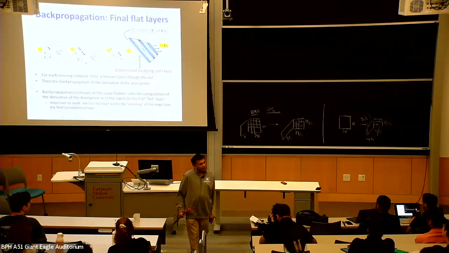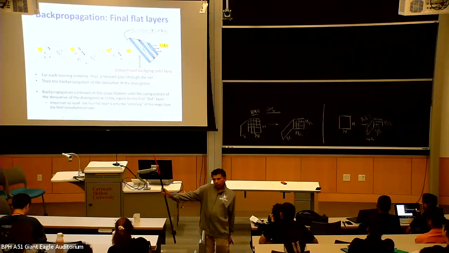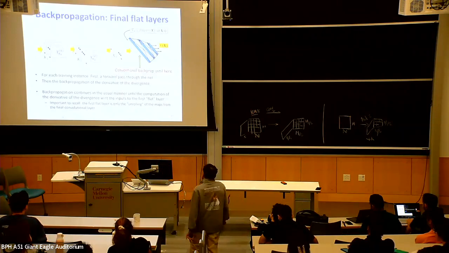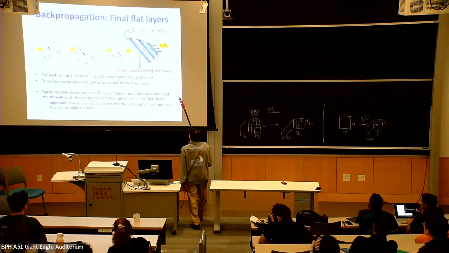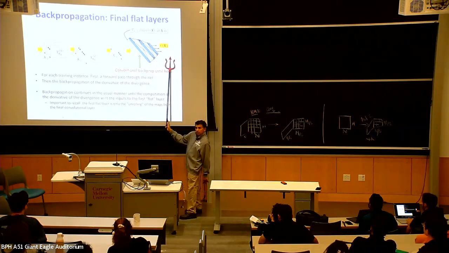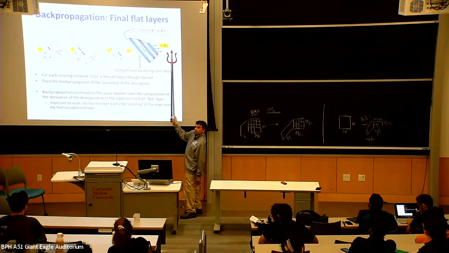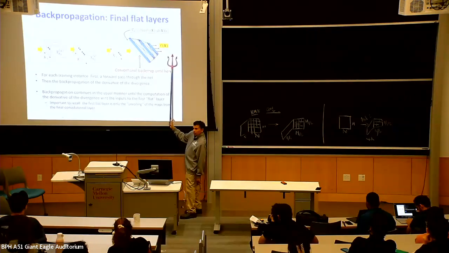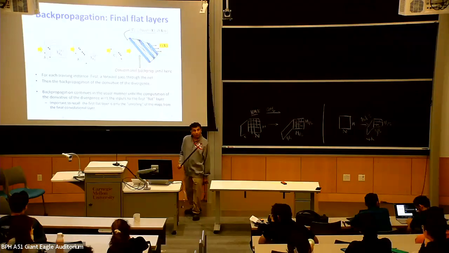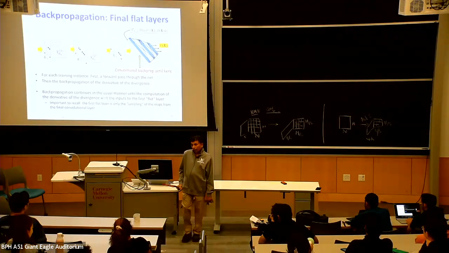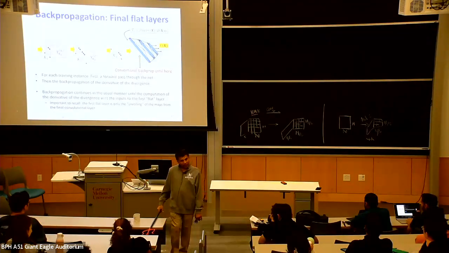Now, here's what we have. I feed my input to the network. It goes through, and some result pops out at the end. Once I get a result over here, this final bit is just an MLP. So I can compute a divergence over here, compute the derivatives, and backpropagate all the way back to the initial flat layer.